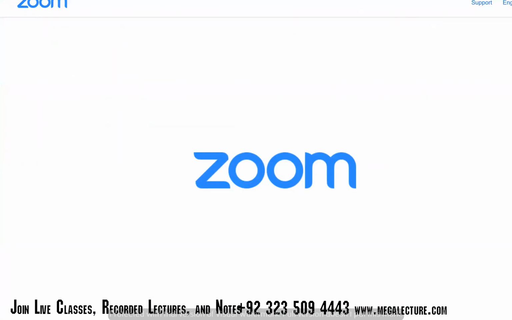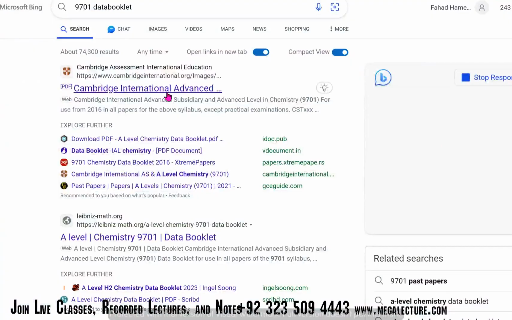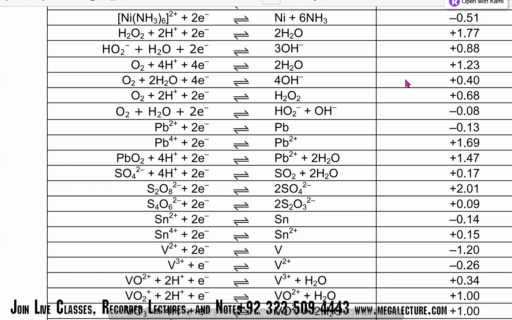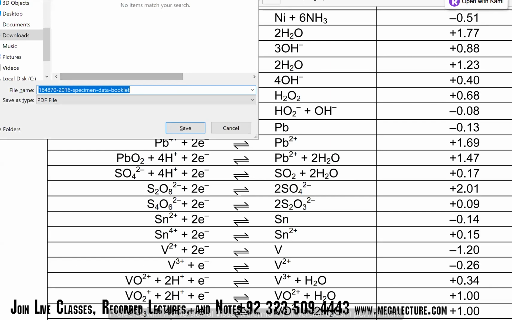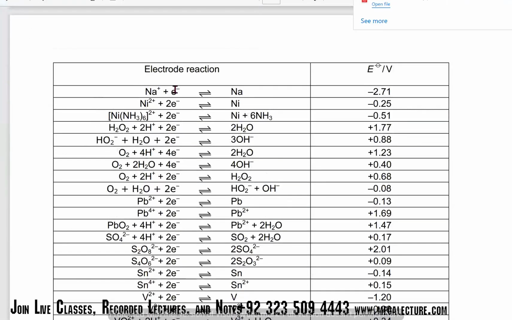So if you copy, all these potentials are given. You can see sodium at the top, that's a negative potential.